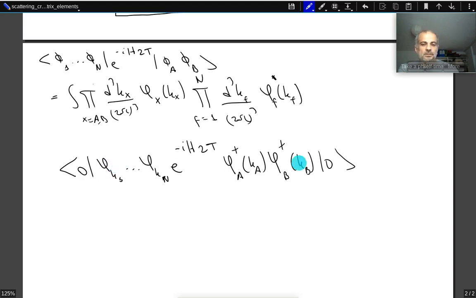As you see, this matrix element is already in the form of the matrix elements that we had studied before. And in fact, in the next video, we will relate the scattering cross-section matrix elements to Feynman diagrams.